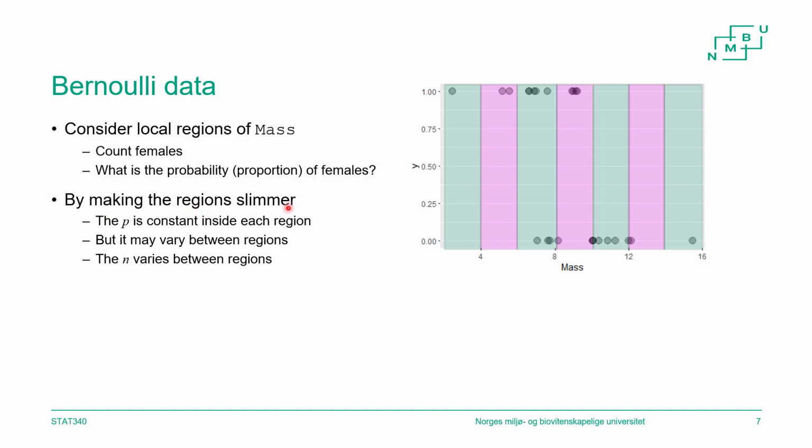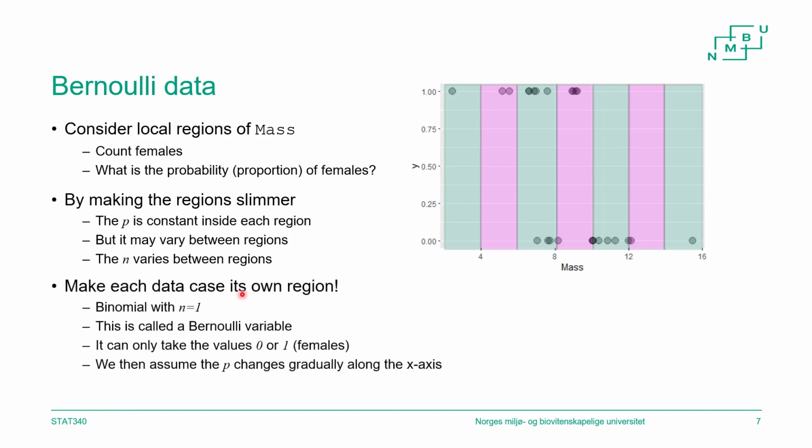By making the region slimmer, the p is constant, more or less, and becomes more and more constant the slimmer these regions are made. But it may vary between the regions, of course, as we saw. And then the n also varies between the regions. So inside each region it's binomial, but with different p and different n.